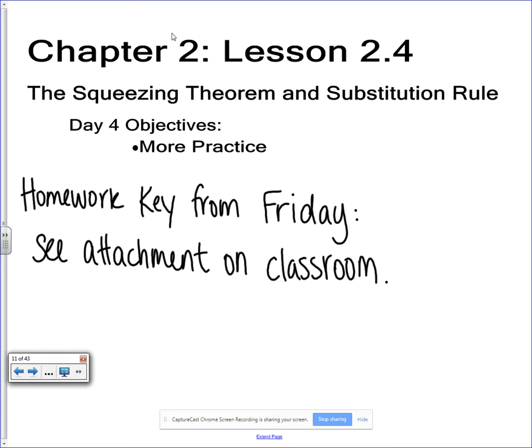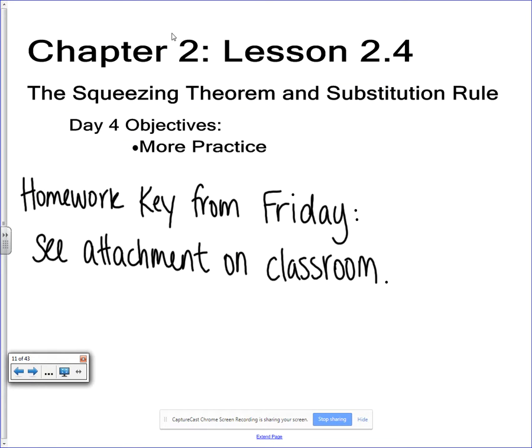First thing I need you to do is look at your homework key from Friday. It is attached on Classroom. I have worked out all those problems for you. Remember, there's lots of different definitions of a limit. You can use the A way, the T way.